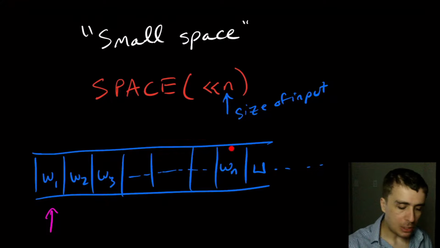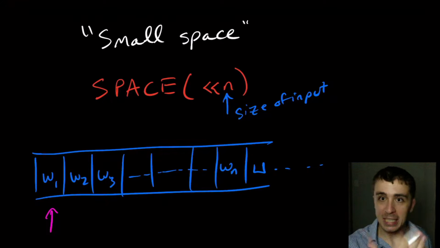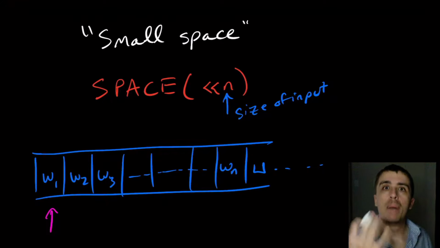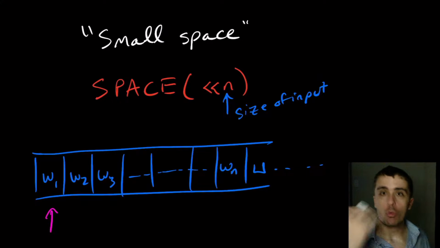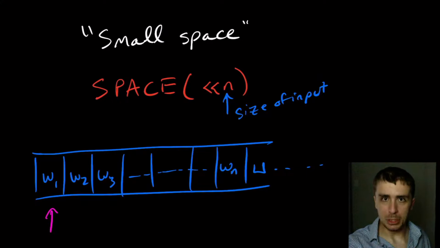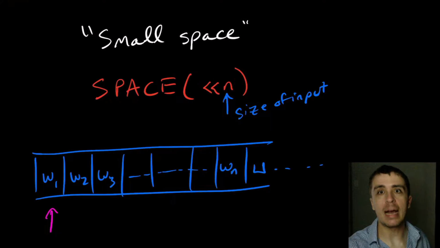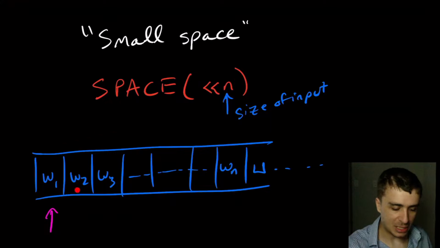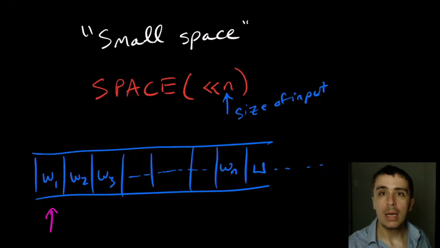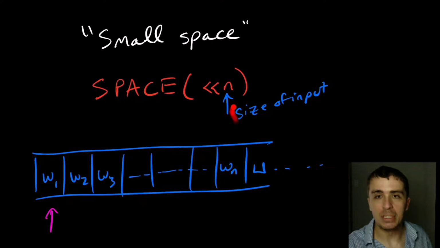The input is always going to have n cells because that's what it's defined to be. But what we should think about is what additional space we use in addition to the input. If we were allotted more than n space, that's not really a problem because the input has n cells and we can use whatever we want over here. But if we're dealing with less than n, then it's a problem because we can't represent the input unless we do something different. We're going to count things a little bit differently.